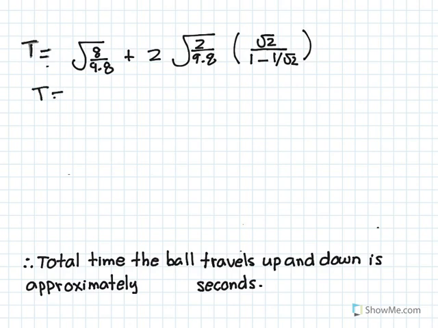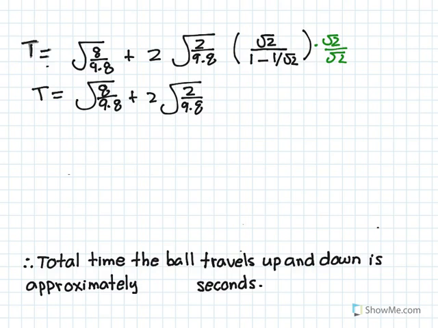So we get t is equal to root 8 divided by 9.8 plus 2 times root of 2 divided by 9.8. Multiply top and bottom by root 2 divided by root 2, and we're going to get 2 divided by root 2 minus 1. Now let's decimalize this.